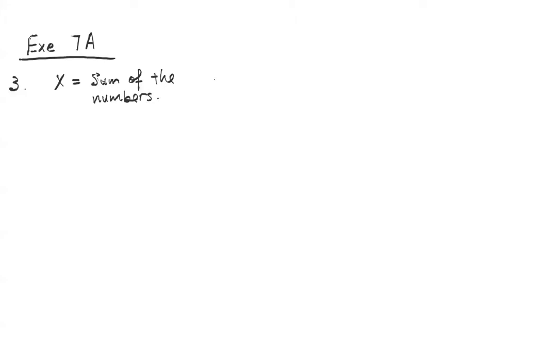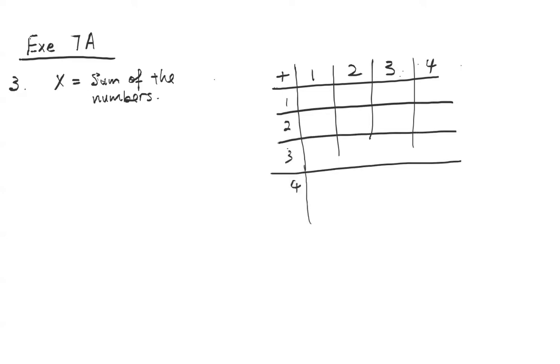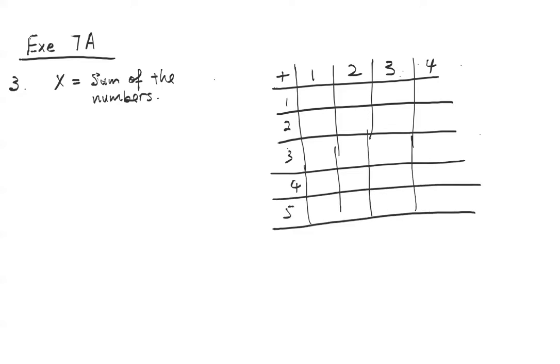So I got two spinners here. One spinner is numbered 1, 2, 3, and 4. The other spinner is 1, 2, 3, 4, 5, and 6.